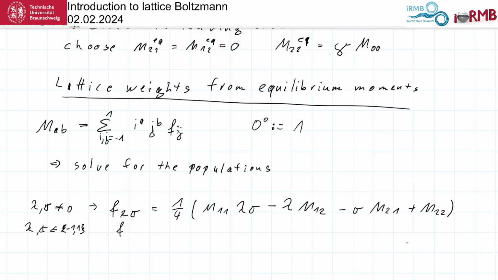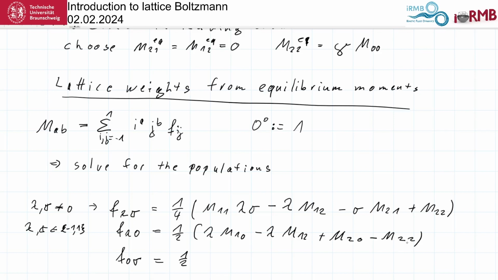Then we have the one where the second index is 0, and there we have 1/2 lambda (m10 minus lambda m12 plus m20 minus m22), and of course the one in the other direction, sigma, is 1/2 sigma (m01 minus sigma m21 plus m02 minus m22).